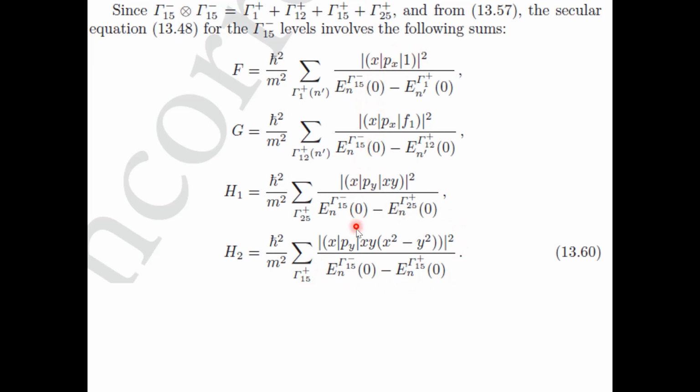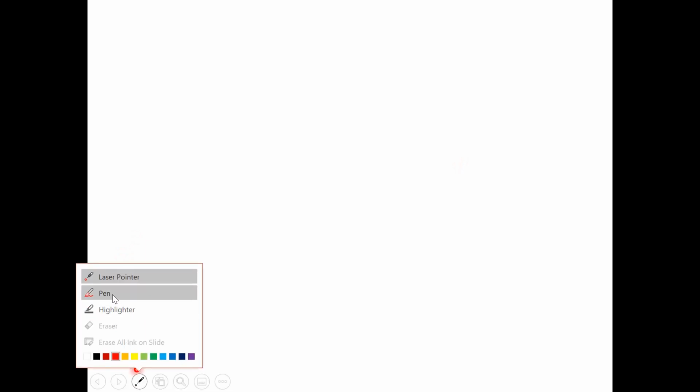So these are the different levels that actually are going to couple with the gamma 1 5 minus level by the perturbation Hamiltonian, which also has gamma 1 5 symmetry. Okay, so just let me do an example just to show in more detail how I can arrive at those expressions.